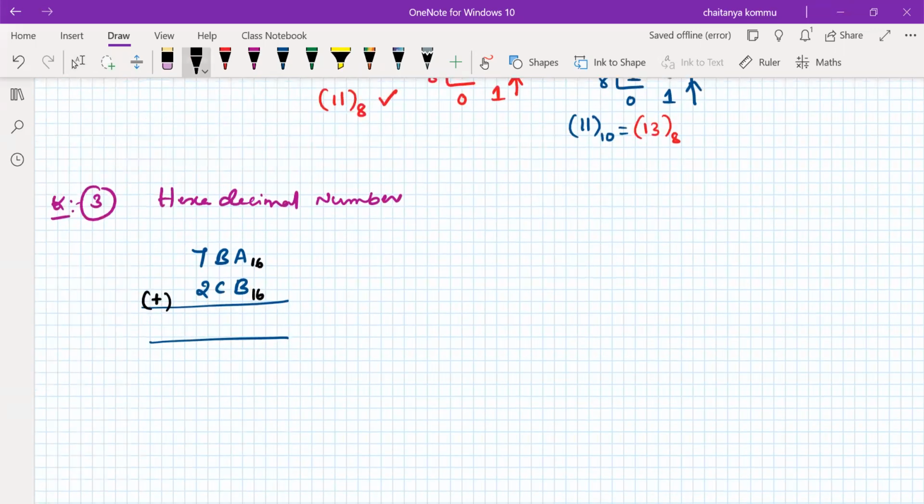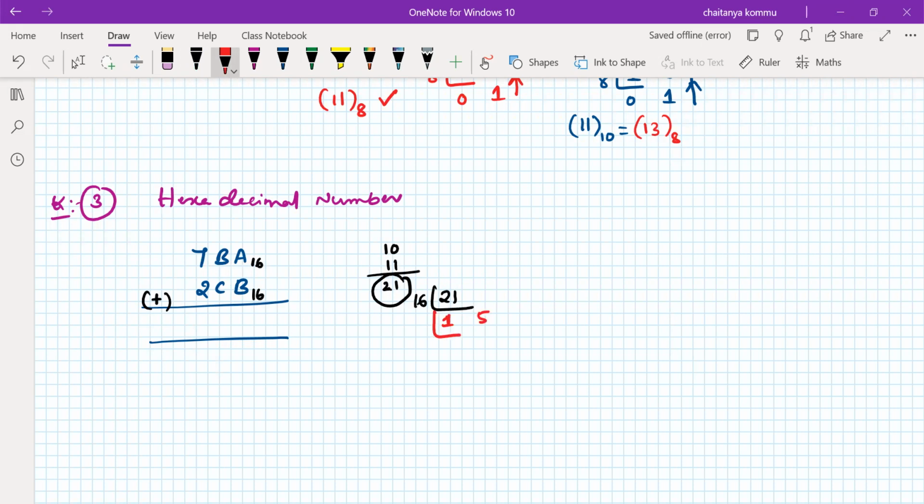A means 10. B means 11. If you add these two things, we get 21. Is this 21 a valid digit in radix 16? Not possible. So what I have to do is convert this 21 into base 16. What is this value? 16. So what is the value here? 5 will be the answer.